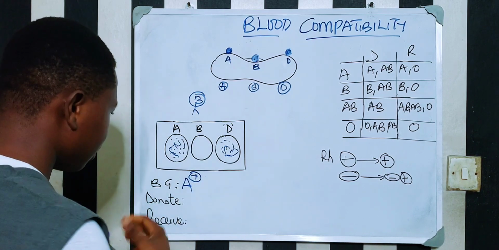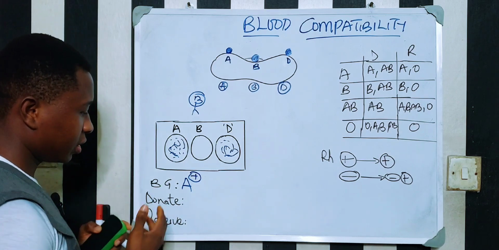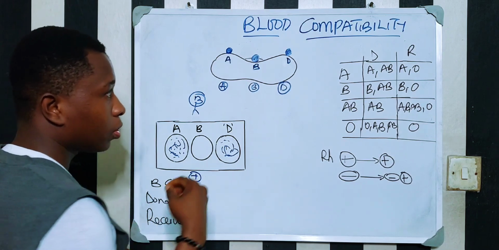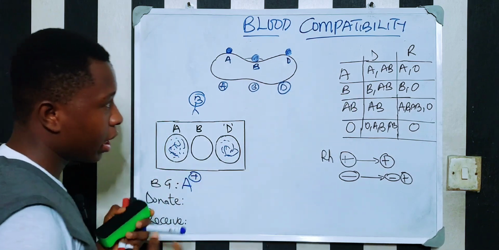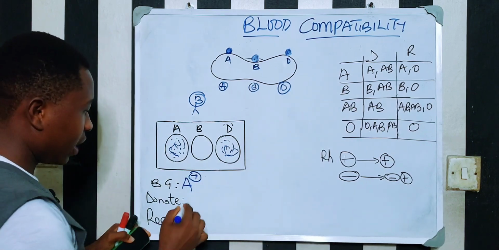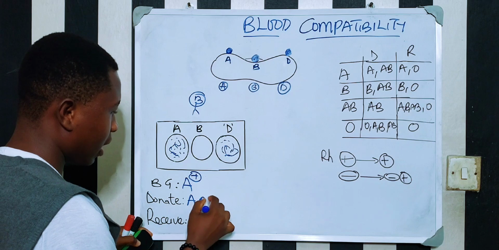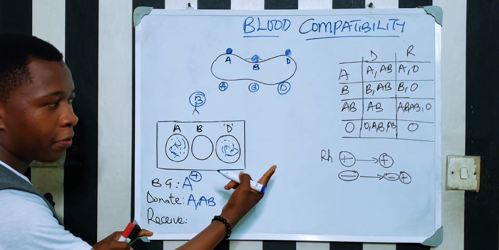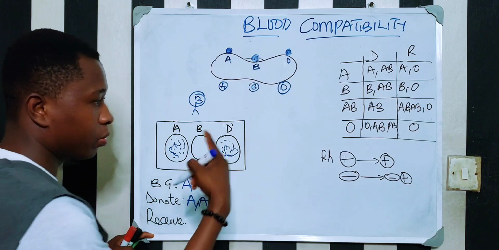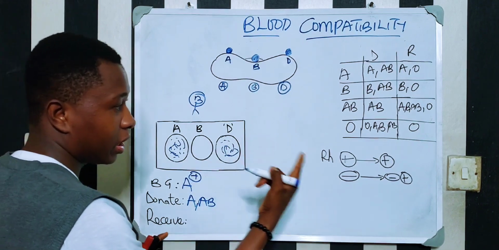All right, so let us see who can donate and receive. We have over here that the A can donate to A and AB. Following the rule, our resource rule, positive can only donate to positive, but negative can donate to negative and positive.